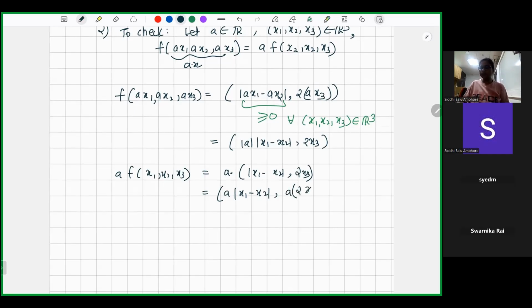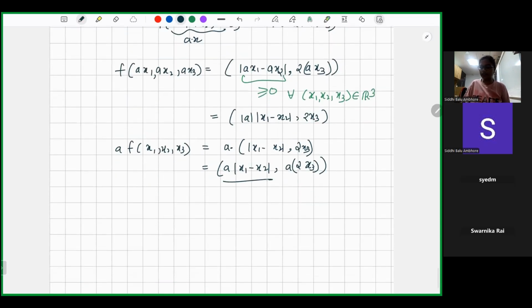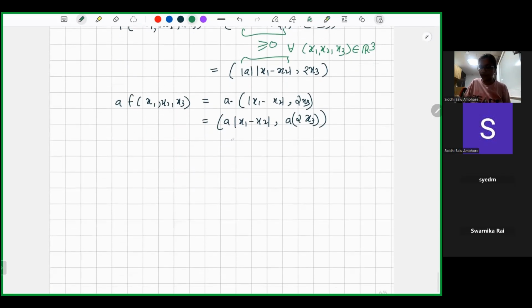But the thing is, this could be negative. So this is always greater than or equal to 0, as we saw here. But if I choose a in R such that a is less than 0, then this first coordinate becomes negative.